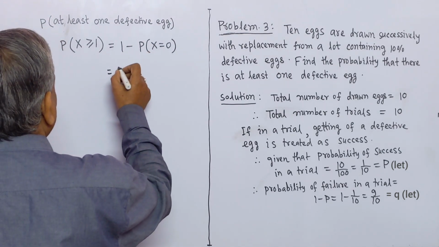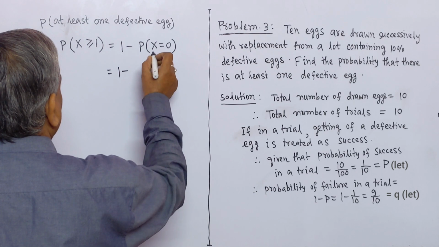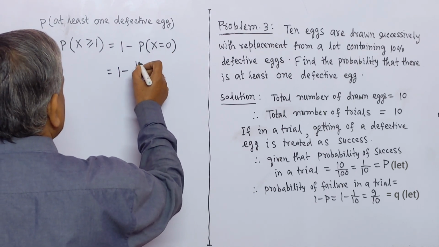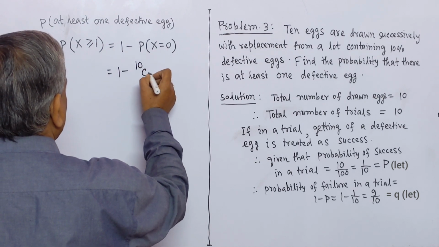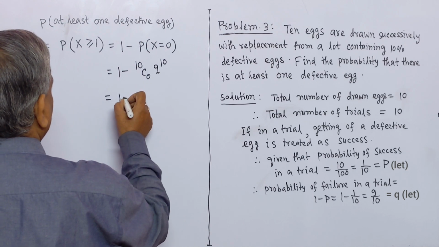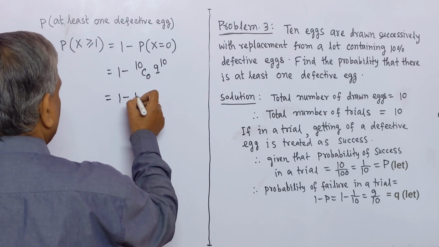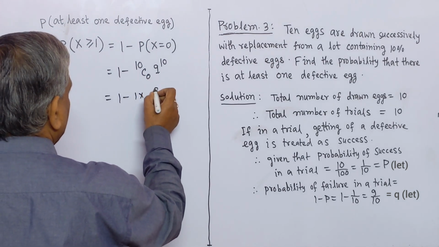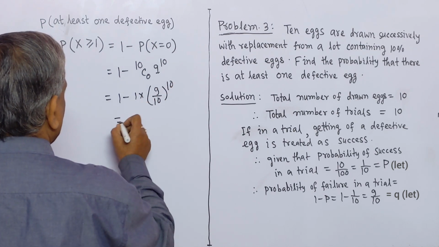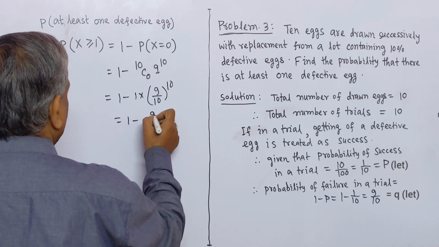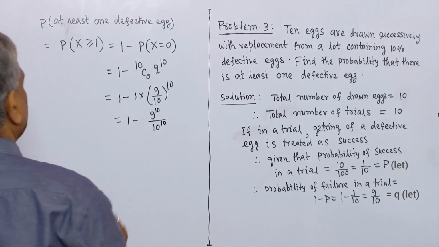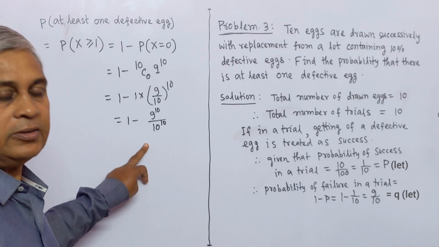And this will be 1 minus probability x equal to 0, which is number of trials 10, C0, Q to the power 10. This is 1 minus 10 C0 is 1, Q is 9 by 10 to the power 10. That is 1 minus 9 to the power 10 by 10 to the power 10. This is the required result.